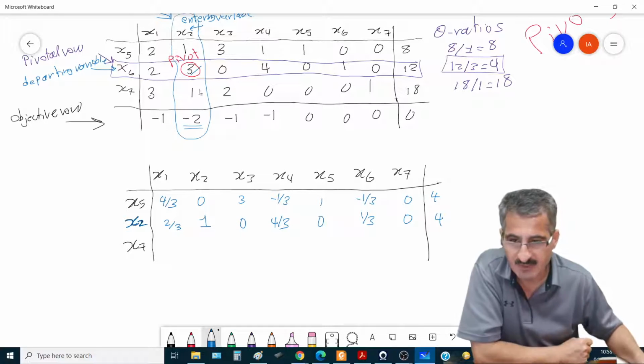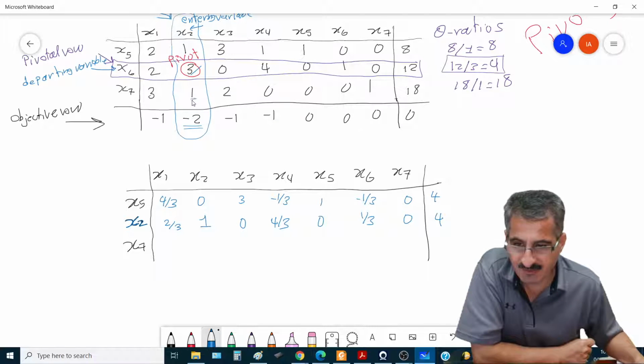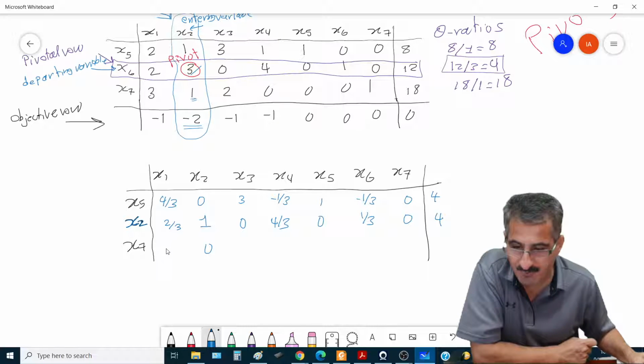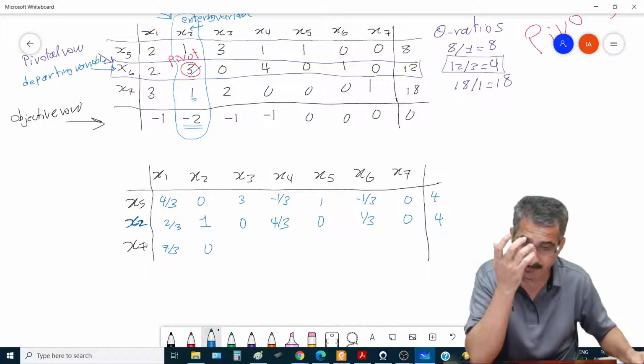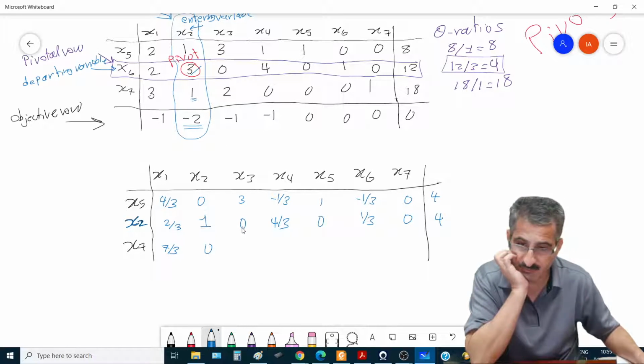Okay, now multiply by -1 and add to this to make it 0 again. Multiply 2 over 3 by -1 and add it to 3 over 3, so we get 7 over 3, because 3 over 3 is 9 over 3. Multiply 0 by negative and add, we get nothing.